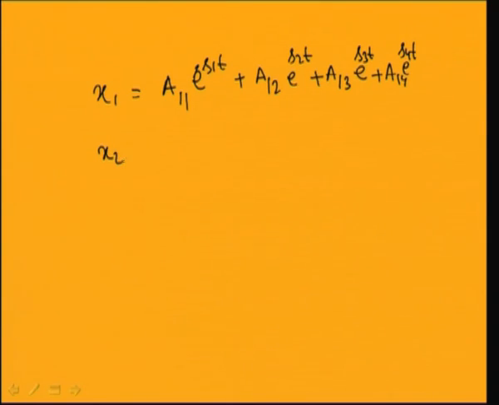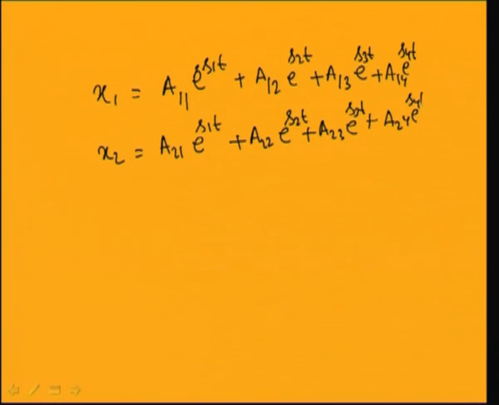Similarly, x2 equal to a21 e to the power s1t plus a22 e to the power s2t plus a23 e to the power s3t plus a24 e to the power s4t.